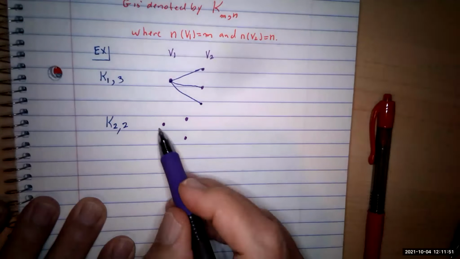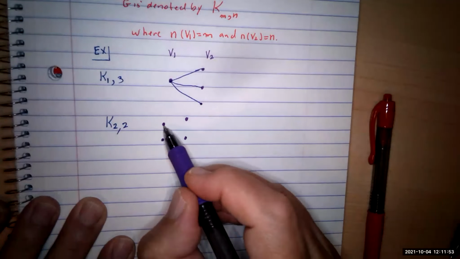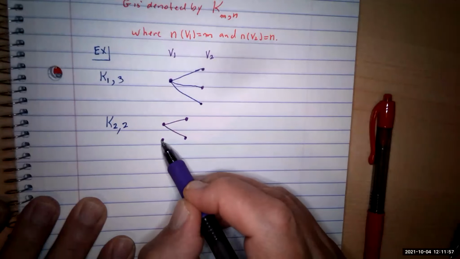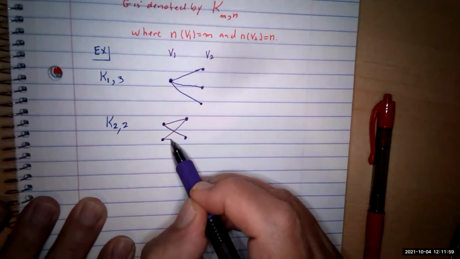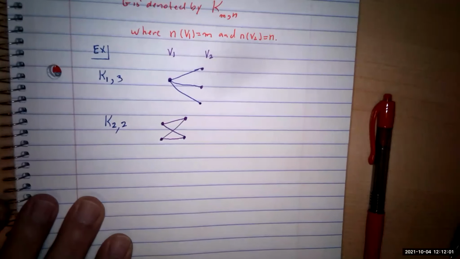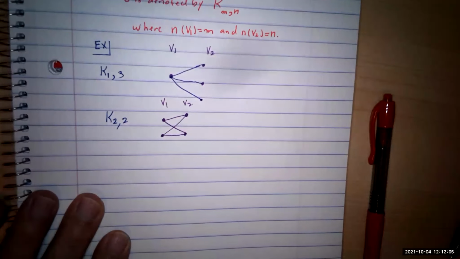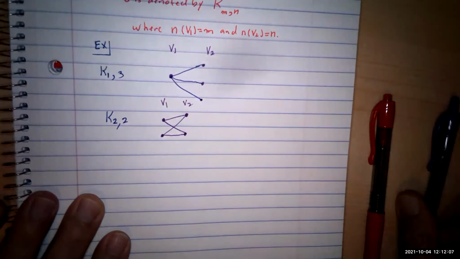So from each of the first group to the other, that's it. Again to the others. This is your V1, V2. That's K2,2. Question?